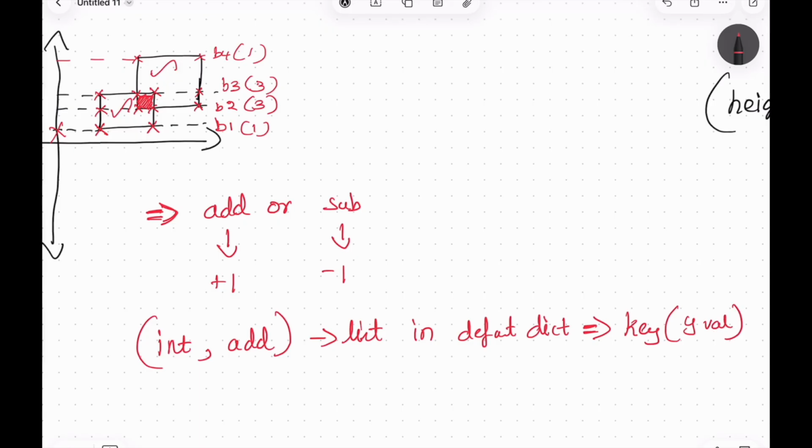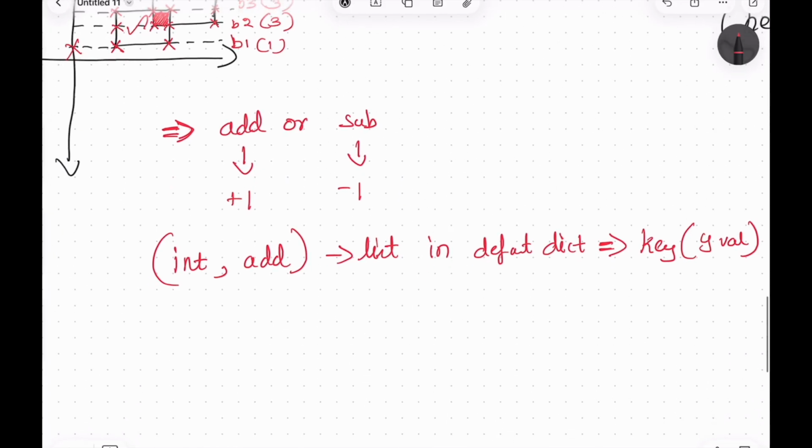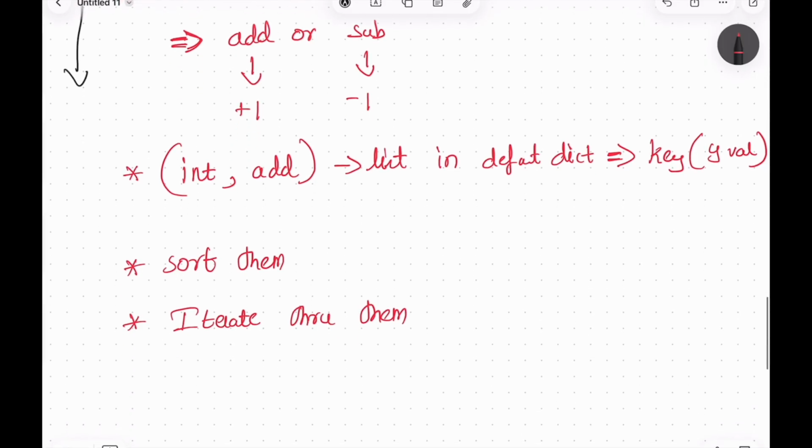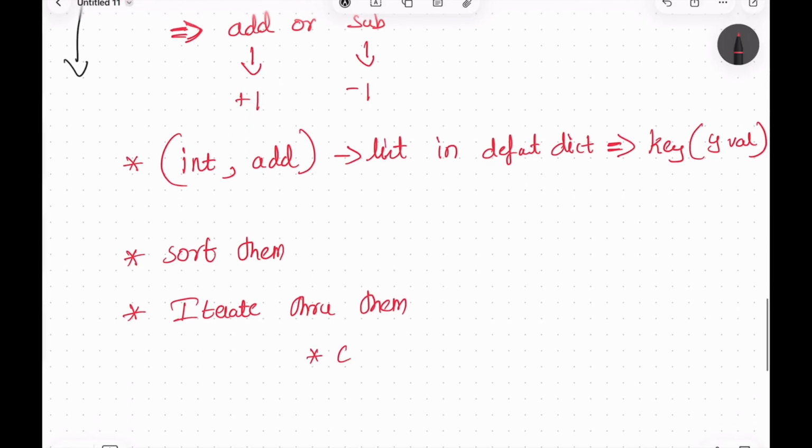So this is what we are doing first, and then we are sorting it, and then iterate. Right, calculate total area.